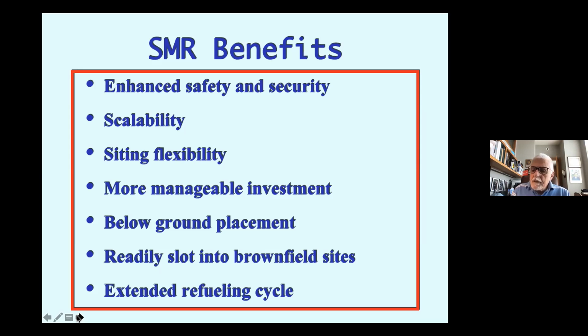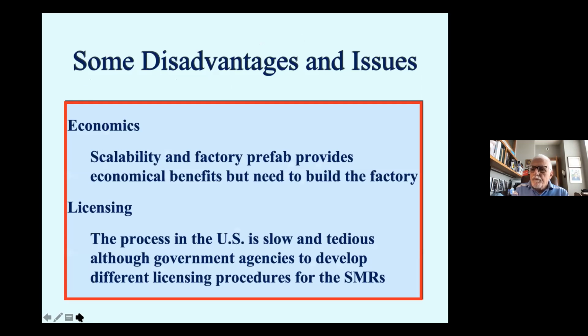And they have an extended fueling cycle. On all big reactors, we'd have to remove about 1/4 of the fuel every 18 months and replace it. So every 18 months, there's a downtime for replacing fuel on the big reactors. These want to have longer periods of time between any refueling. So the scalability and factory prefab are very good.